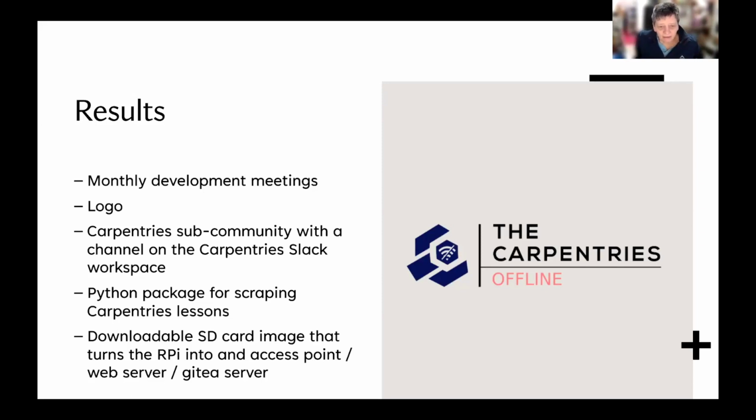And so this Python package has now become part of the scripts that are used to create the downloadable SD card image that turns the Raspberry Pi into an access point, web server, and Git server. And the other nice part is that Vernalise will actually be using this in a PhD thesis. She will have a chapter on having developed this package.